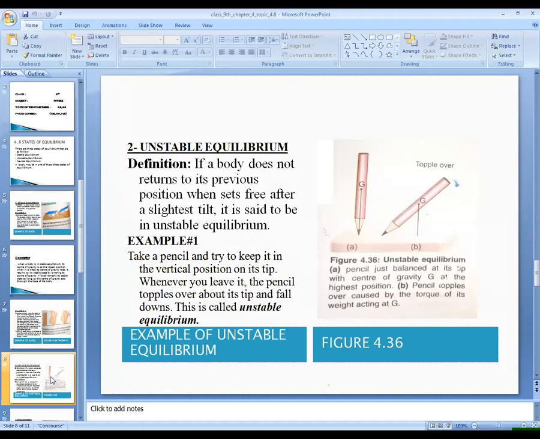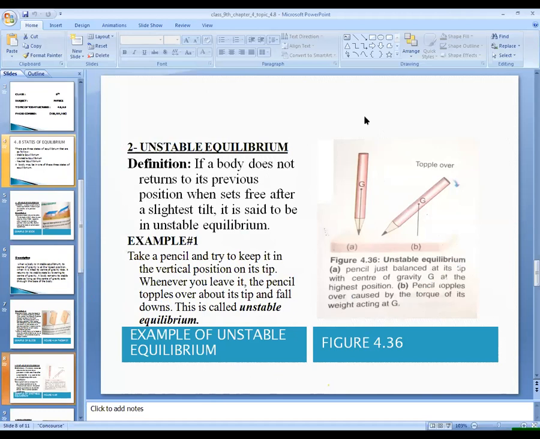First of all, I read the definition for you. If a body does not return to its previous position when set free after the slightest tilt. Suppose this is a pencil, and this line is passing through its center of gravity.